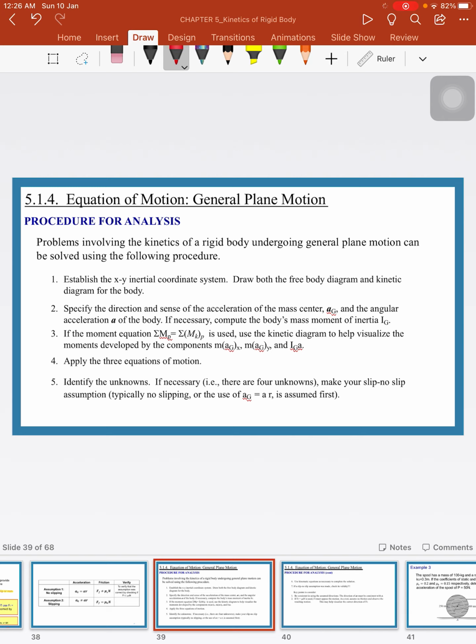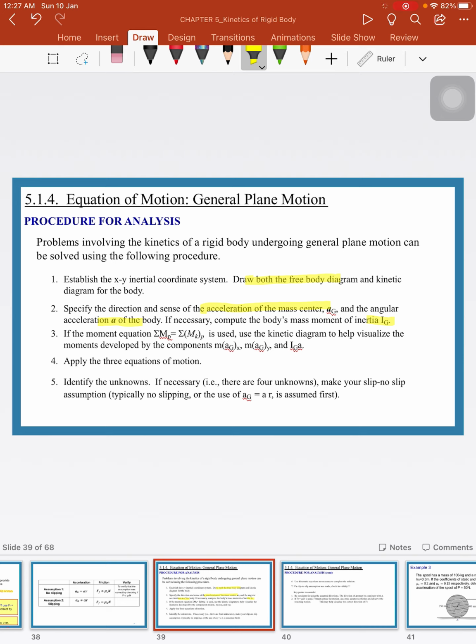Draw both the free body diagram and kinetic diagram for the body. Specify the direction and sense of the acceleration of the mass center Ag and the angular acceleration alpha of the body. If necessary, compute the body mass moment of inertia Ig.